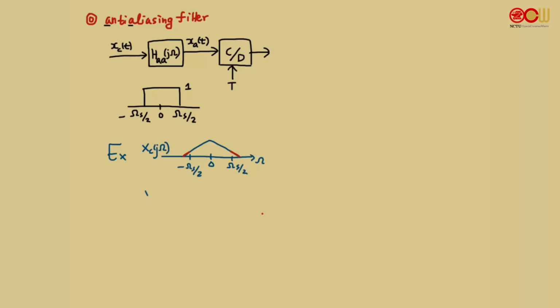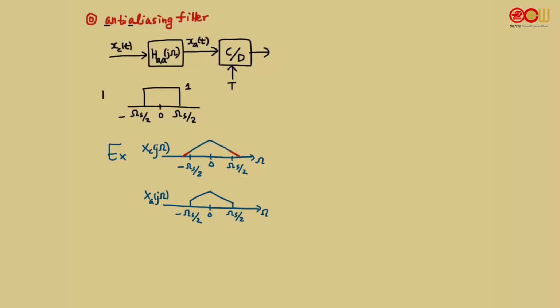Then X a of j omega will simply be a low-pass version of X c. It will only contain the part of X c in this frequency range. Then after we sample, there will be no aliasing.